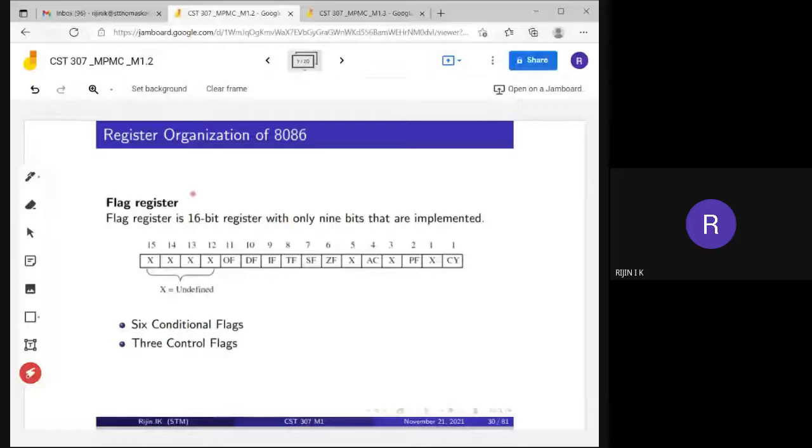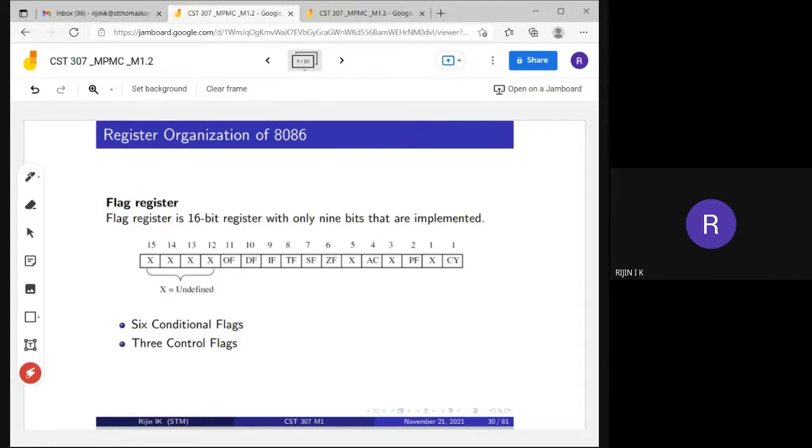Next we can discuss one important register, that is the flag register. In 8086, it is a 16-bit register, but we are using only 9 bits for implementing our flags.